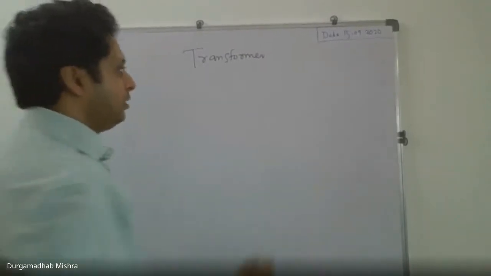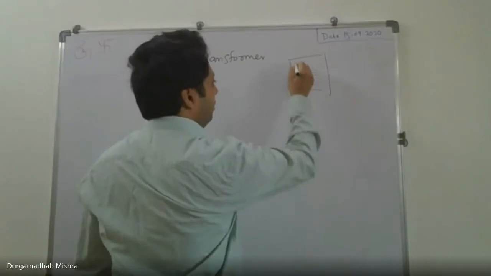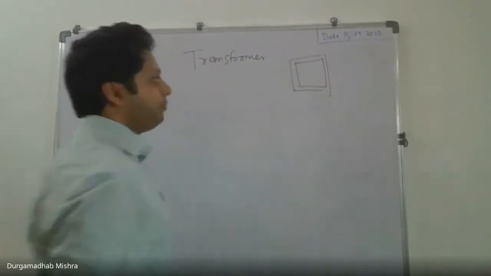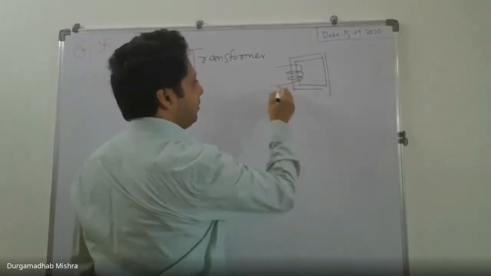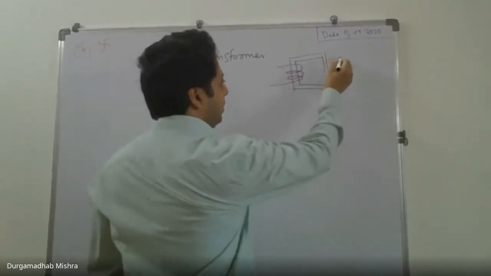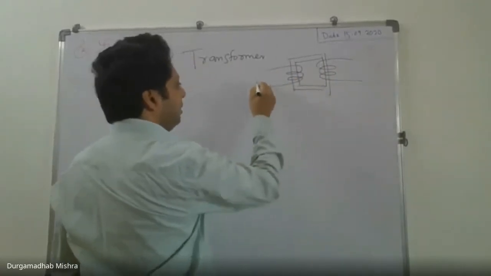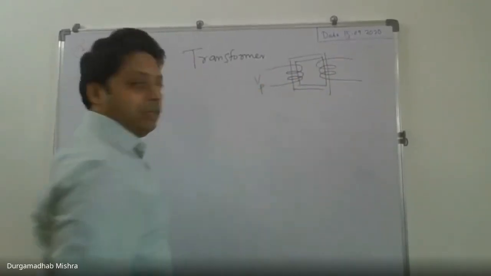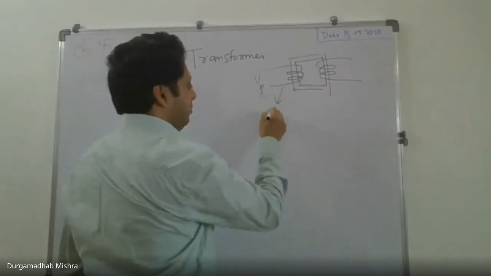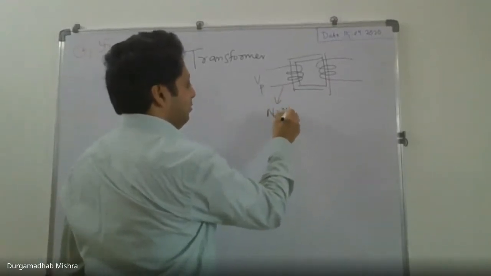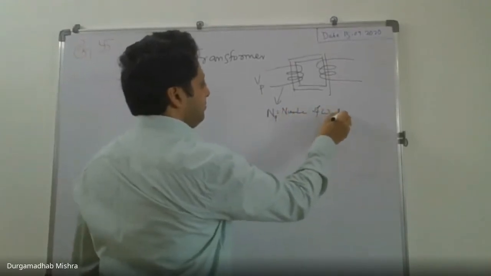let's say you have this ferromagnetic core, and you have a primary coil and a secondary coil. Here I call this VP, and NP is the number of windings.